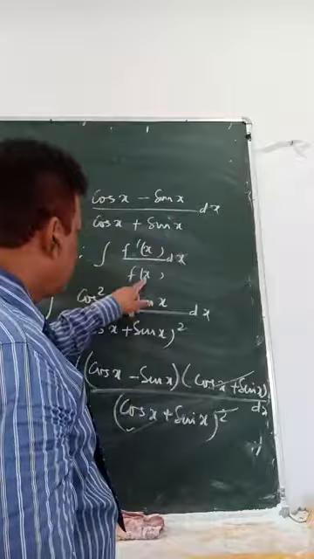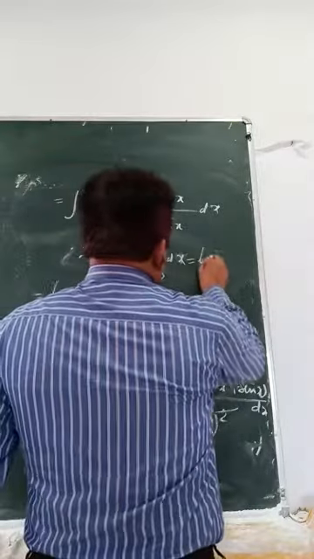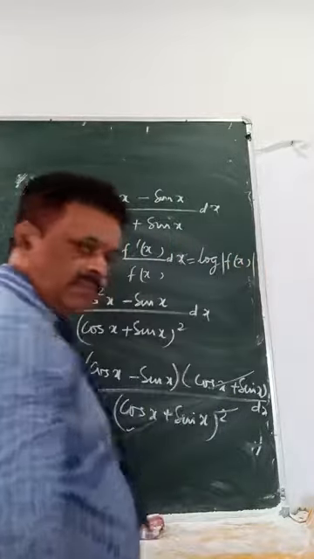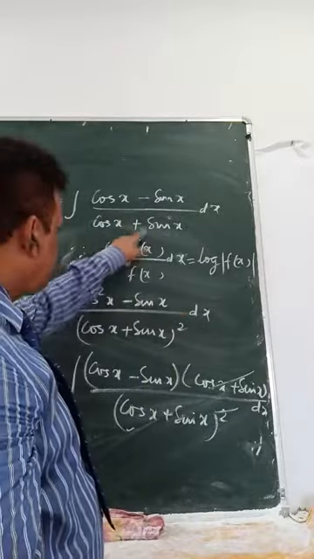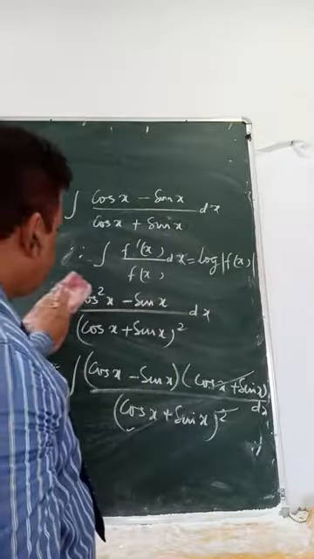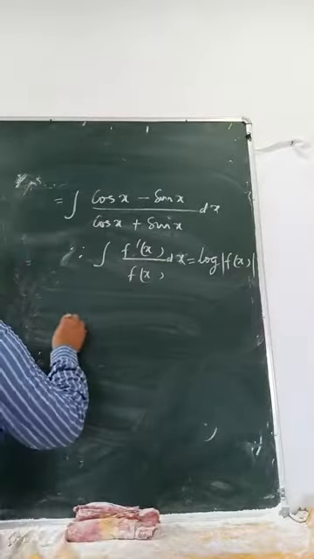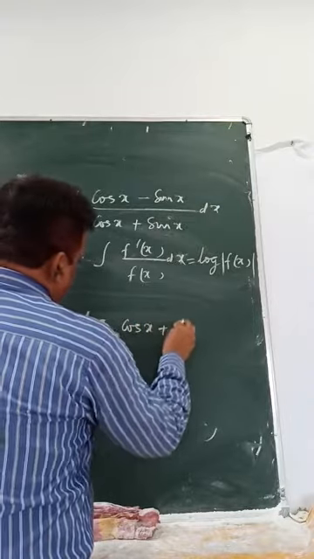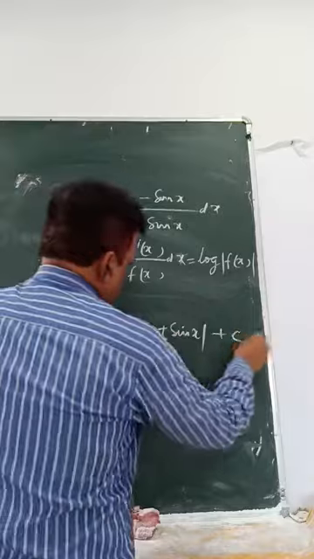Its integral is log f x, that is, log of the denominator. What is the denominator here? So that became log of cos x plus sin x, log of denominator, plus a constant.